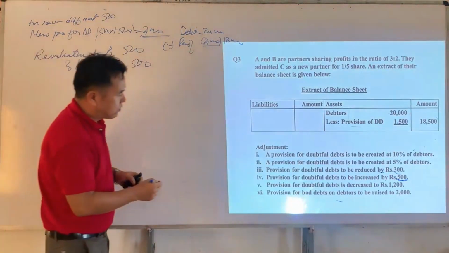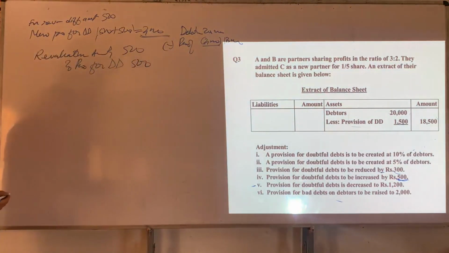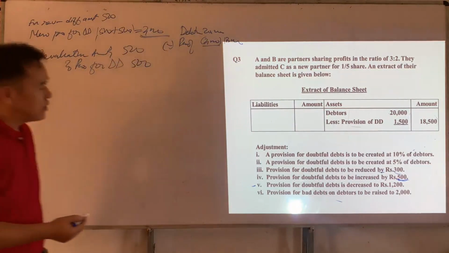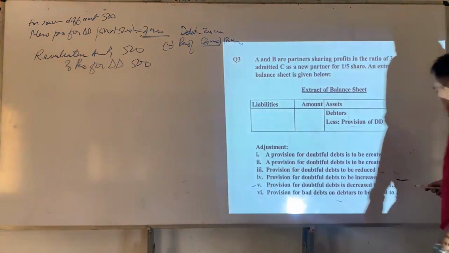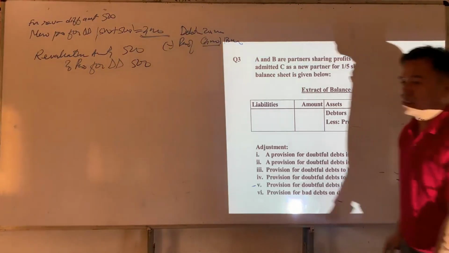Okay, now we will do the fifth adjustment. Provision for doubtful debt is decreased to 1,200. Now, provision for doubtful debt has been decreased to 1,200 from 1,500. So what is the difference amount? The difference amount is 300.